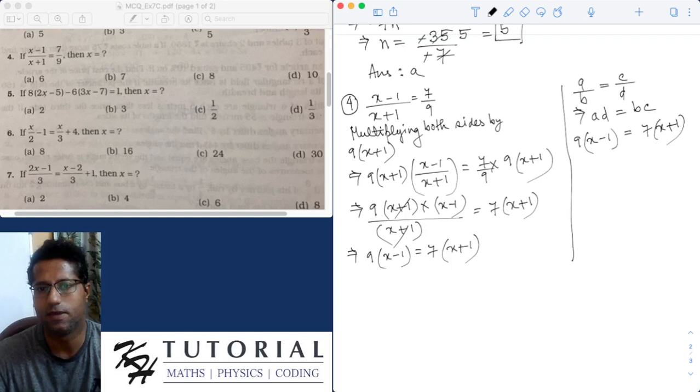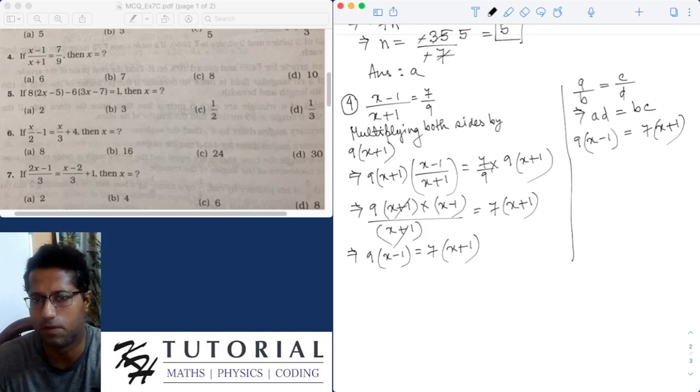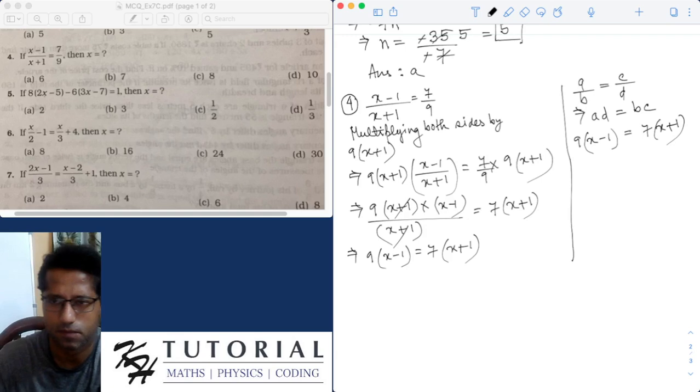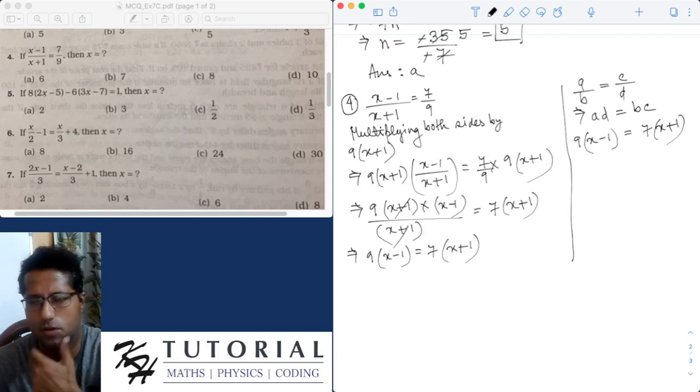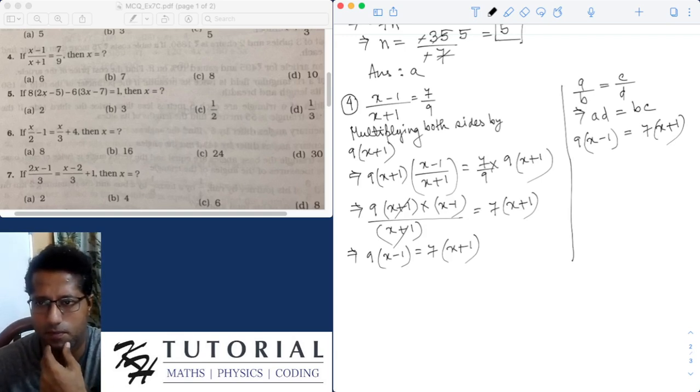So we have practically used two different concepts but have arrived at the same linear equation. On the right hand side we have used the concept that if two rational numbers a by b equals c by d, then we can do the cross products and equate them, that is ad equals bc.